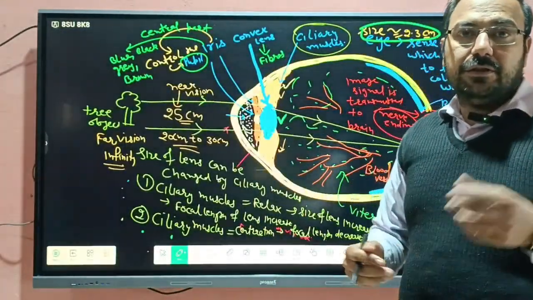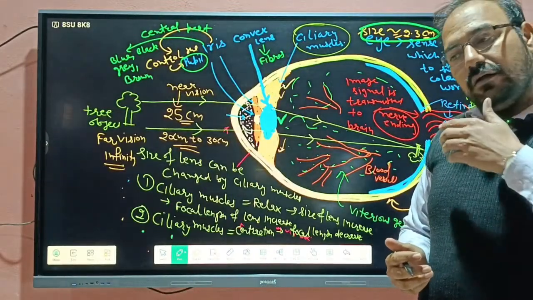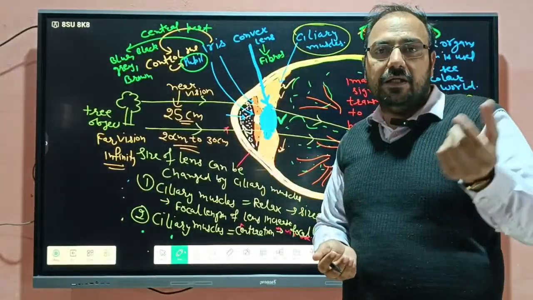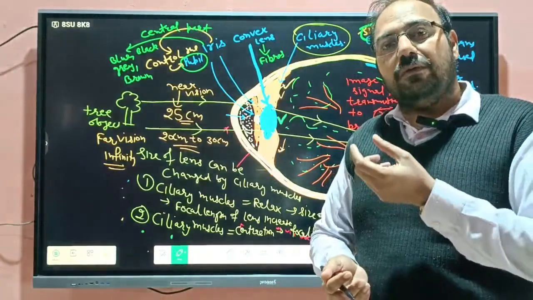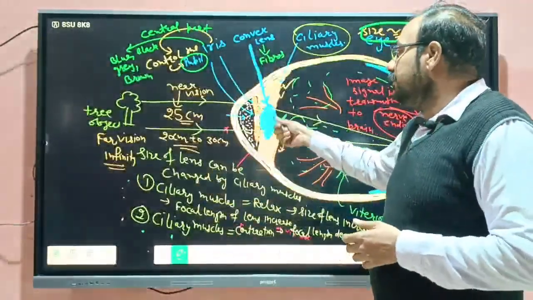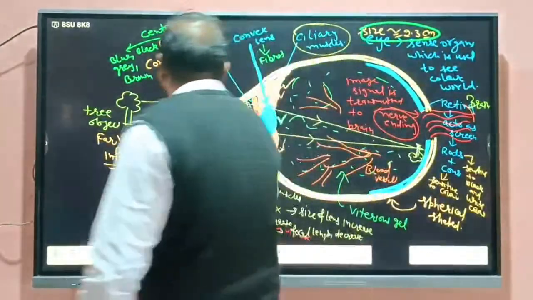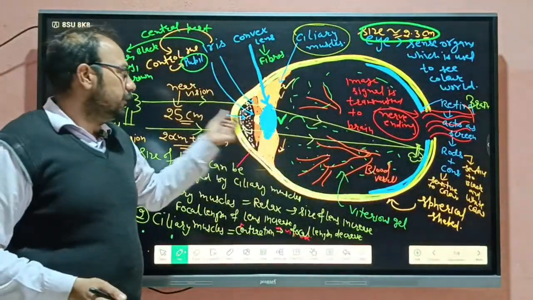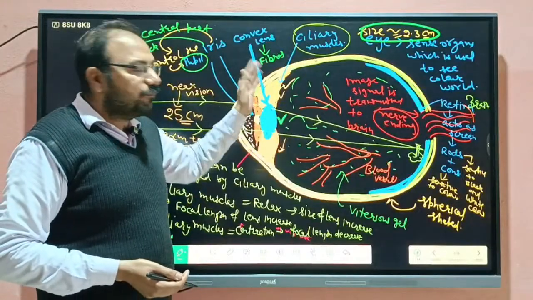The shape of the lens changes according to the distance of the object. If we bring the object near and we move that object away from the eye, what happens? The shape of the lens is changed. This depends upon how much distance there is between the object and the eye lens. This is done by the ciliary muscle.